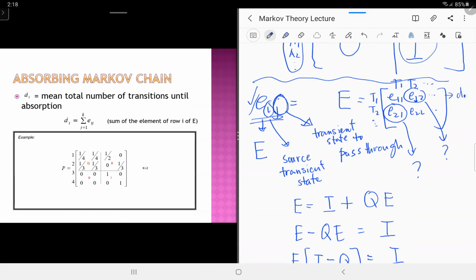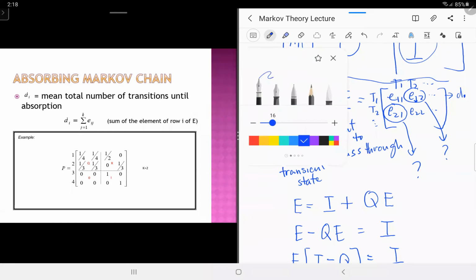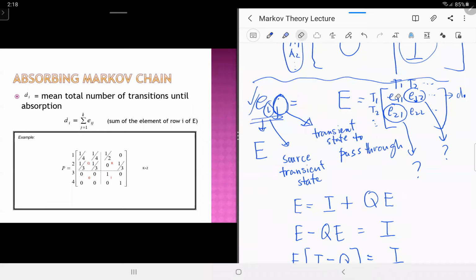Meaning, if I add all of these values here, E11, E12, and so on, I would have my source transient state as 1 always because I am in row 1, meaning I'm always coming from transient state 1.